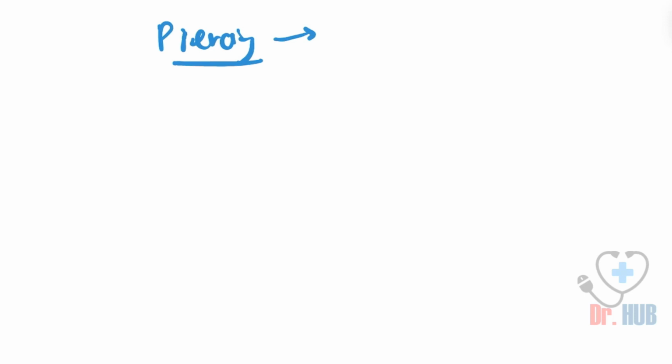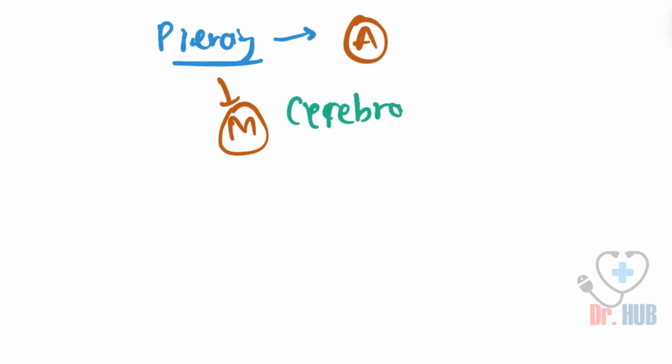It gives the anterior as well as the middle. So what are the anterior and middle? These are the cerebral arteries. After giving this, now we look at the branches of the cerebral part, or the supracavernal part, of the internal carotid artery.